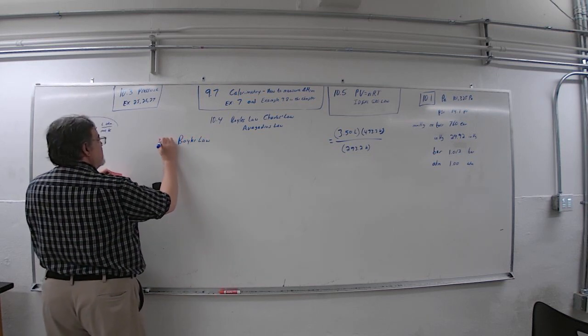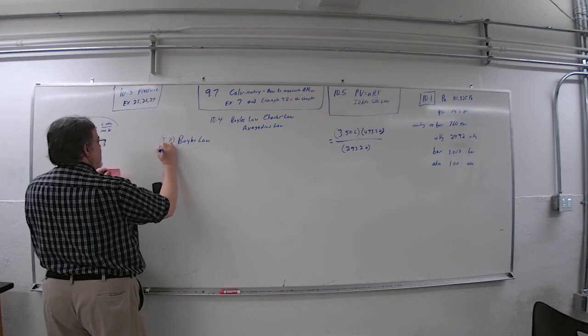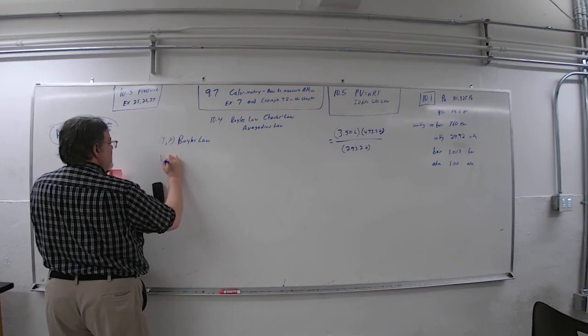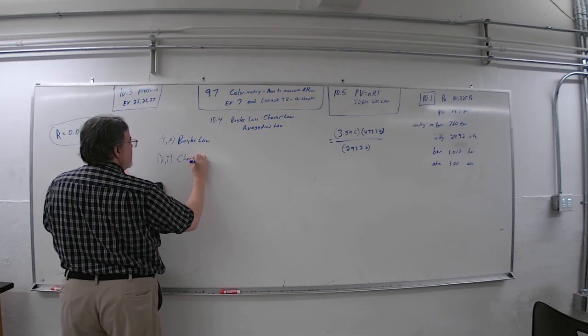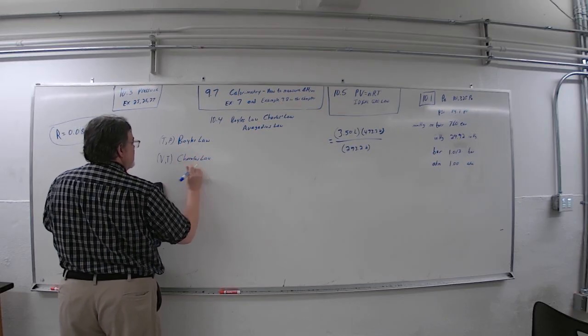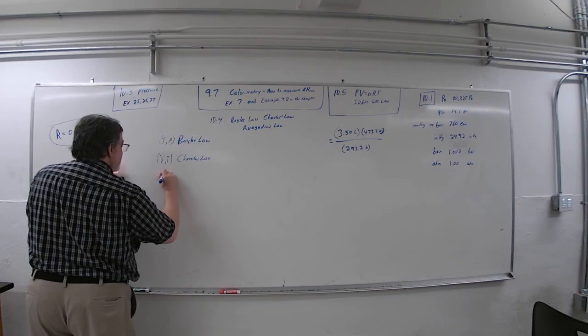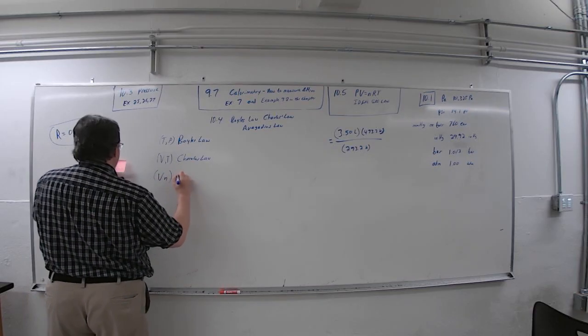Boyle's Law, I just remember it like this. Actually, I forget these a lot. This is one of those things that in science just makes me mad, and I don't know why they do it like this.